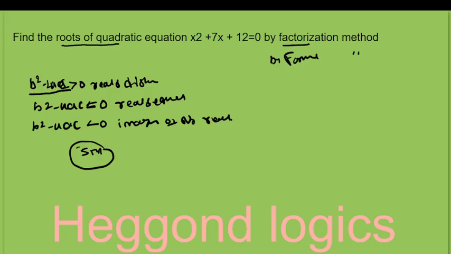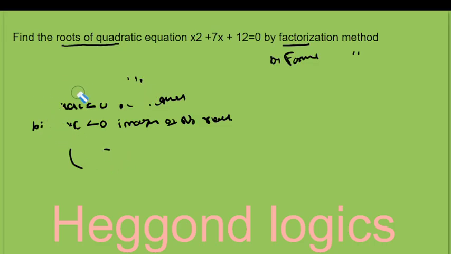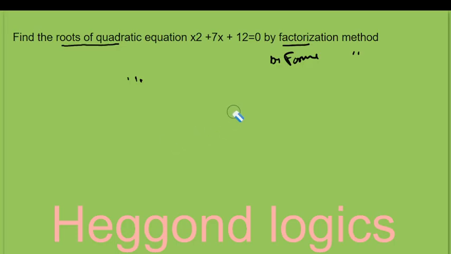Now we are discussing the questions one by one. Here in this question, find the roots of the quadratic equation by the factorization method.